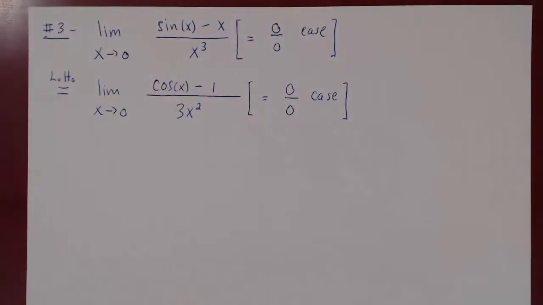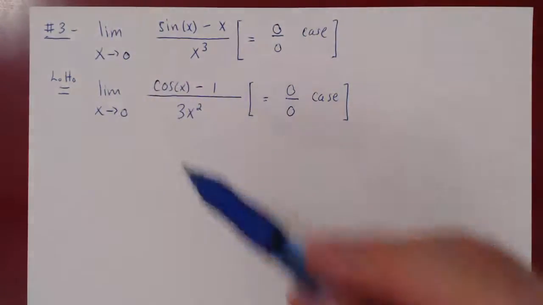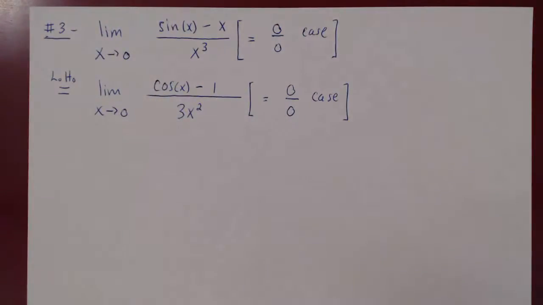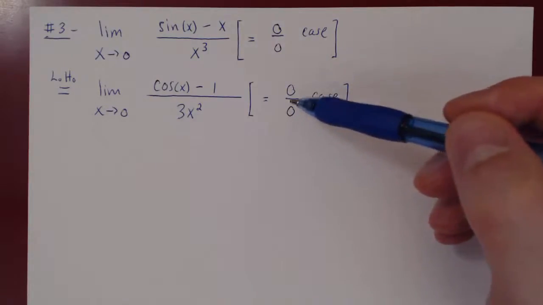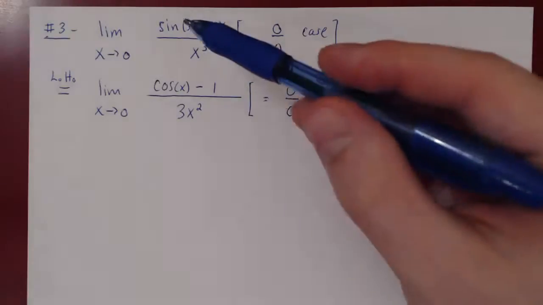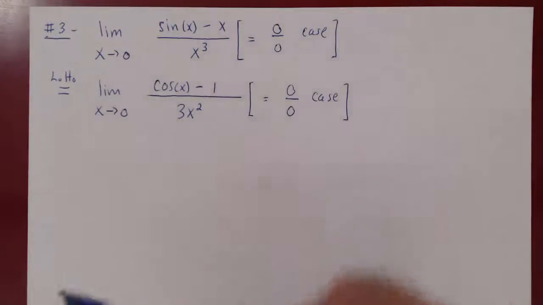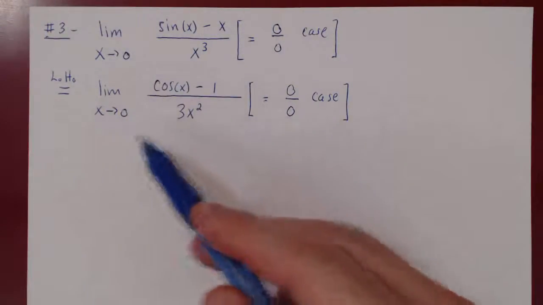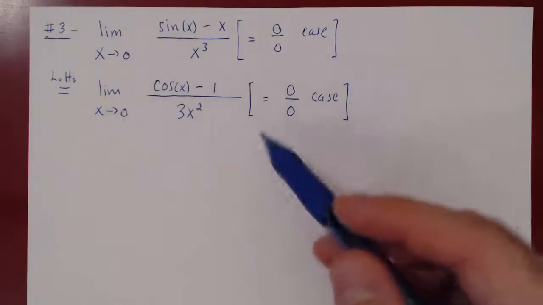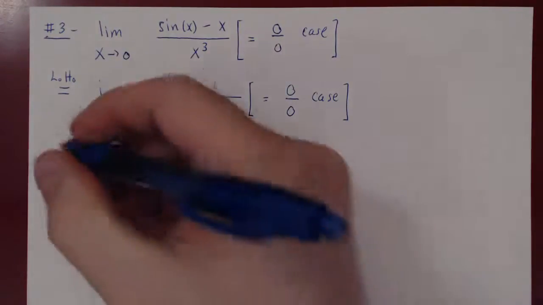But if you remember, L'Hopital's rule says, as long as the new limit is either giving you a real number, so it does exist, or it gives a 0 over 0 case, or infinity over infinity case, the two limits, the old and the new one, are still equal. So you can say, well, what can we do here? We have a new limit, which is giving us a 0 over 0 case. Well, let's apply L'Hopital's rule one more time.